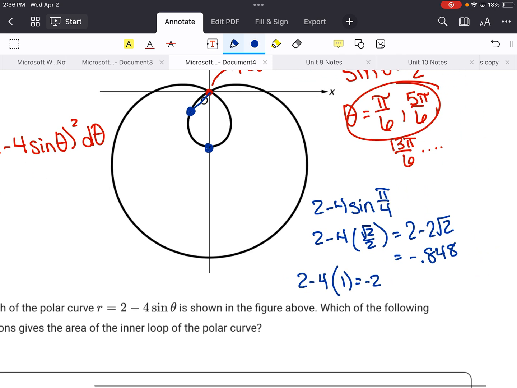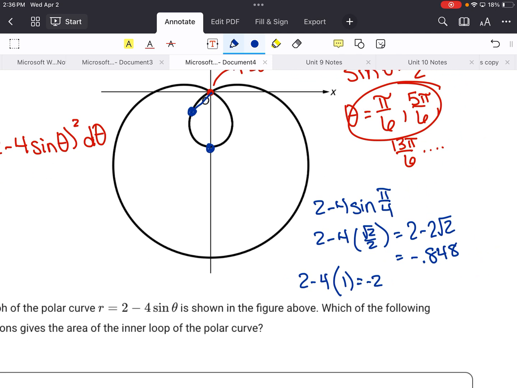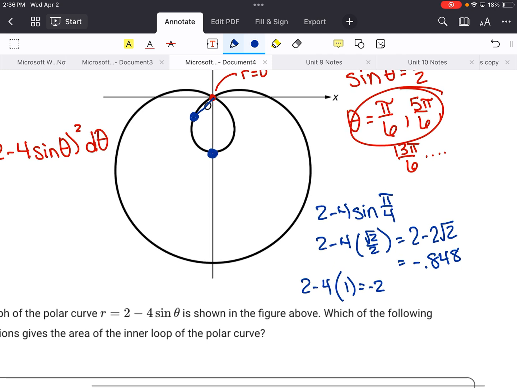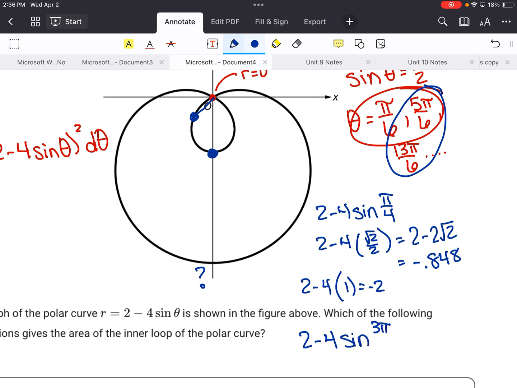What if I did, okay, I think that this is right, but how do I know, because this doesn't have units on it. How do I know that this is 2 units? How do I know that the 2 isn't down here? Well, what if I plugged in something between these two? Something between 5 pi over 6 and 13 pi over 6, like 3 pi over 2, 270. So if I did 2 minus 4 sine of 3 pi over 2, that would be 2 minus 4 times negative 1.